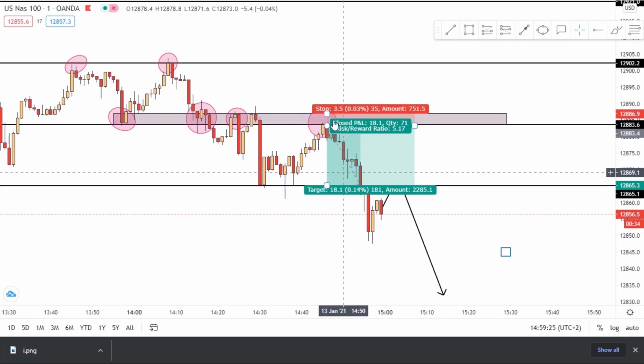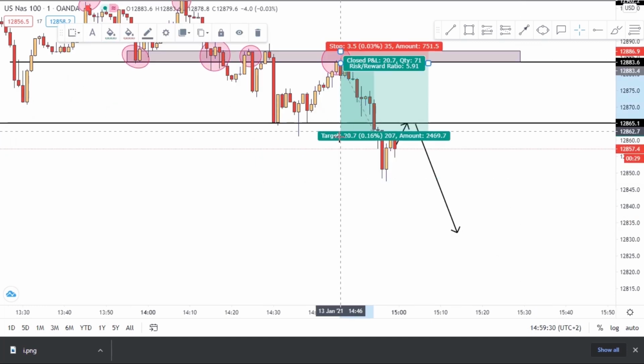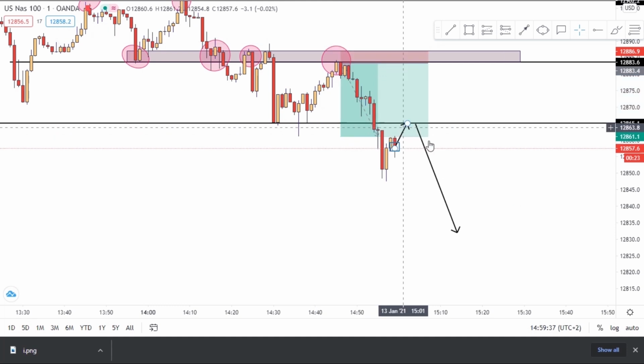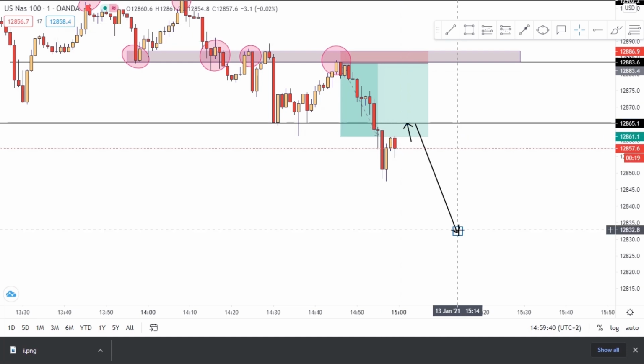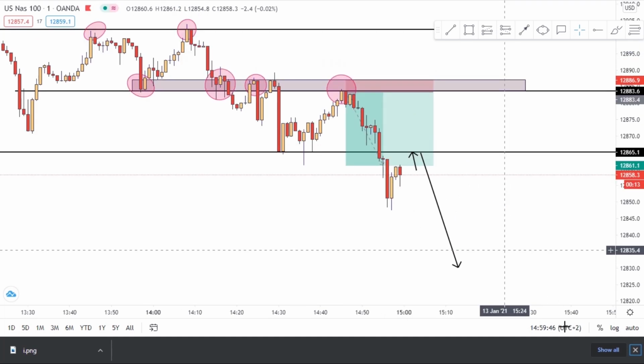That's when I entered the trade, and my TP was this tight. Actually, I should have pushed it to this level, but then the market broke this support. It's coming back for a retest here. After coming back for a retest, it's going to continue shooting down. Let's see what happens now as I'm talking, guys.